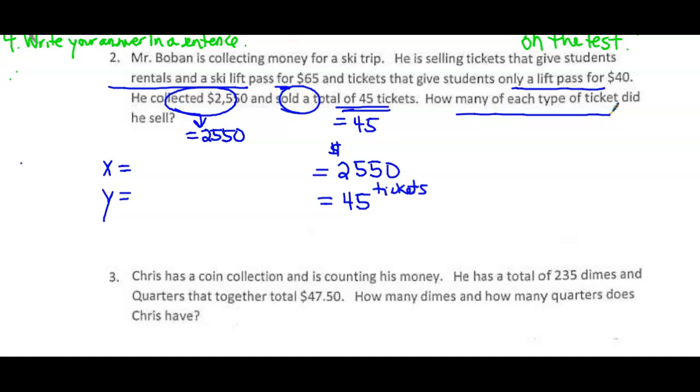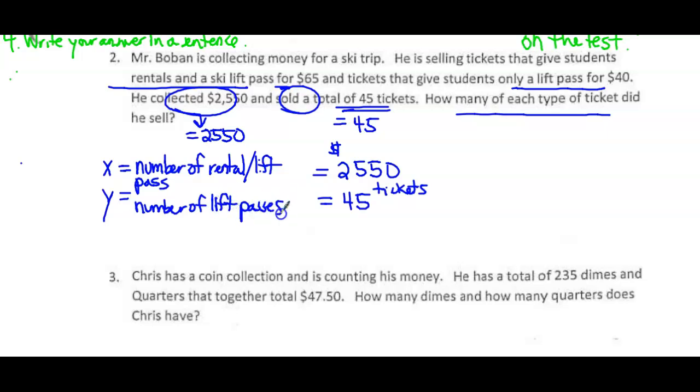So I'm going to make X number of rental / lift pass, and I'm going to make Y number of lift pass. Looks like I'm running out of room over here, so I'm going to move these over since I took up so much room.